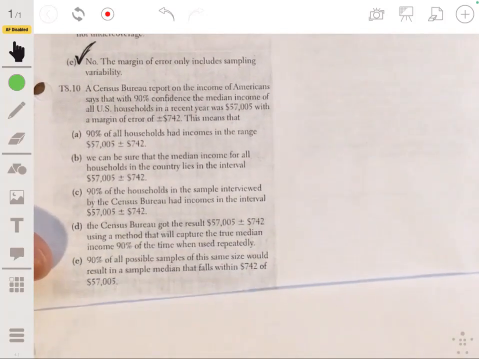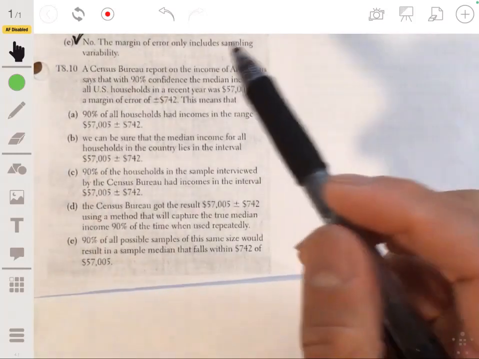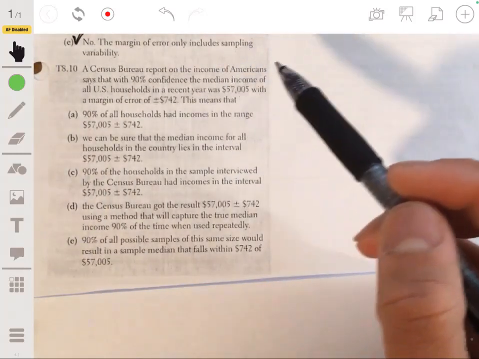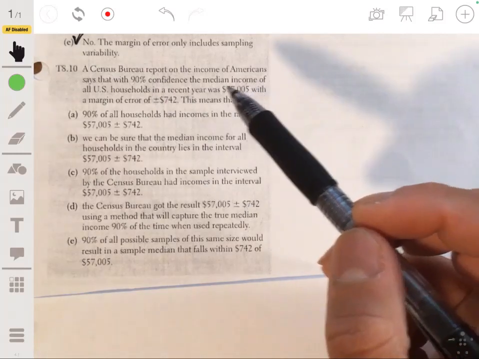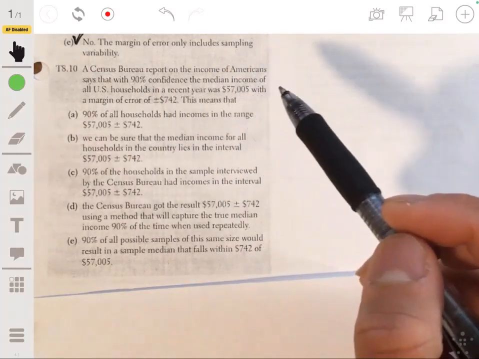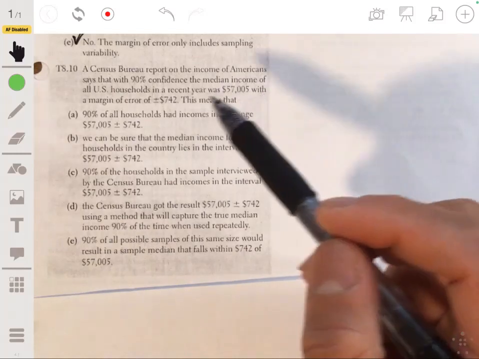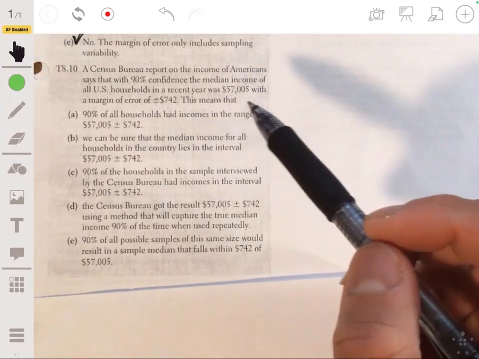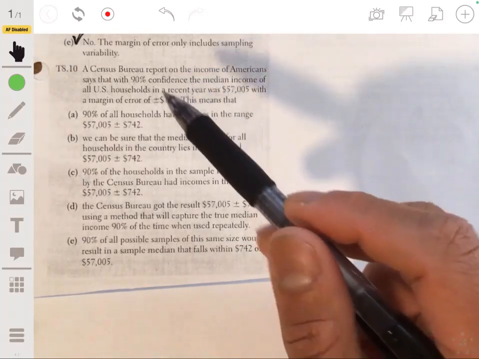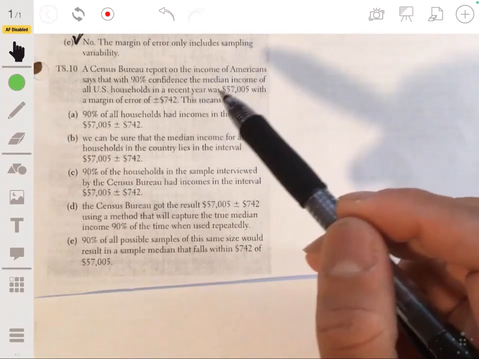All right, and the last one, 10. The Census Bureau report on the income of Americans says that with 90% confidence, the median income of all U.S. households in a recent year was $57,005 with a margin of error of $742. This means that, okay, so remember what the confidence interval is.